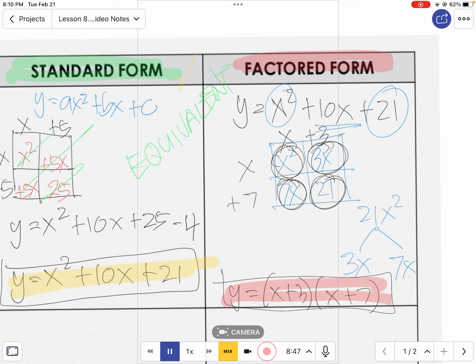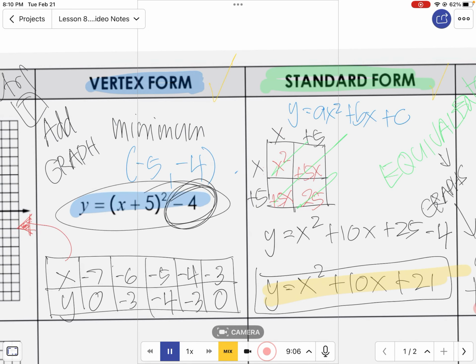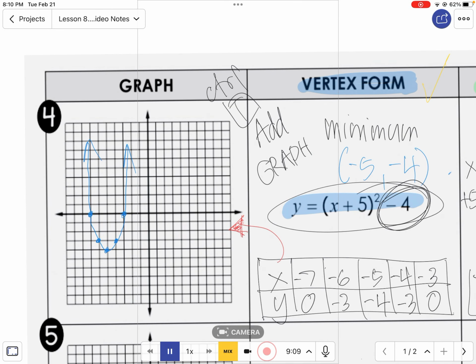When we say they're equivalent expressions, the graphs must be the same. So go ahead and type those three forms of quadratic equations and see if the graphs are the same. If the graphs are not the same, then that means we did something wrong. Your graph should end up like this. It may not be exactly the same as this, because this is hard to graph by hand, but with the calculator it is more precise and exact.